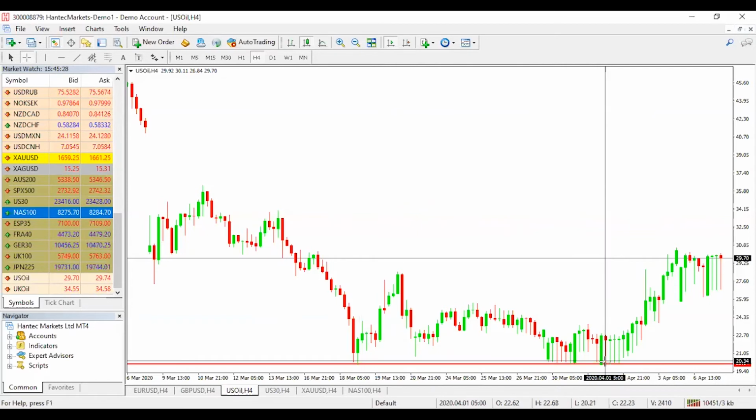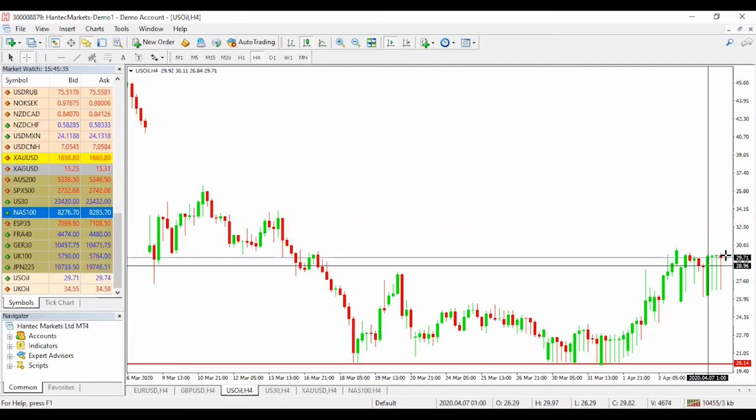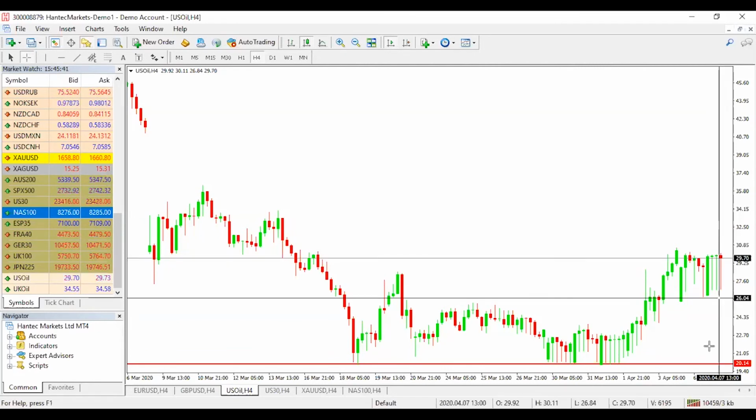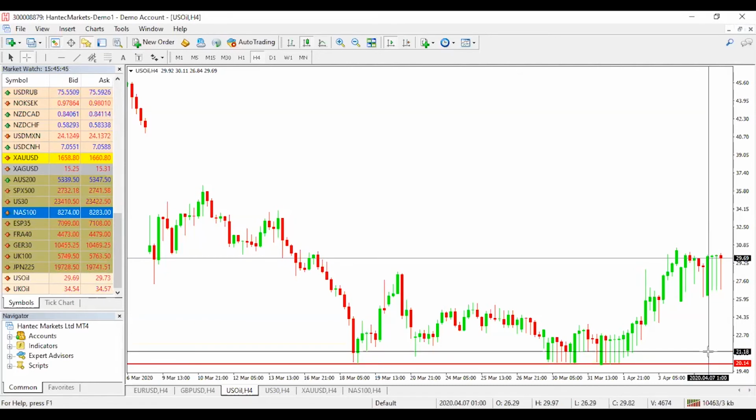Anybody that's executing trades, if I'm going to place a sell trade right now, I know the very least that this market can go is this $20 mark. Traders can use this to make decisions on how much profit they want to make and how much loss they're willing to take.